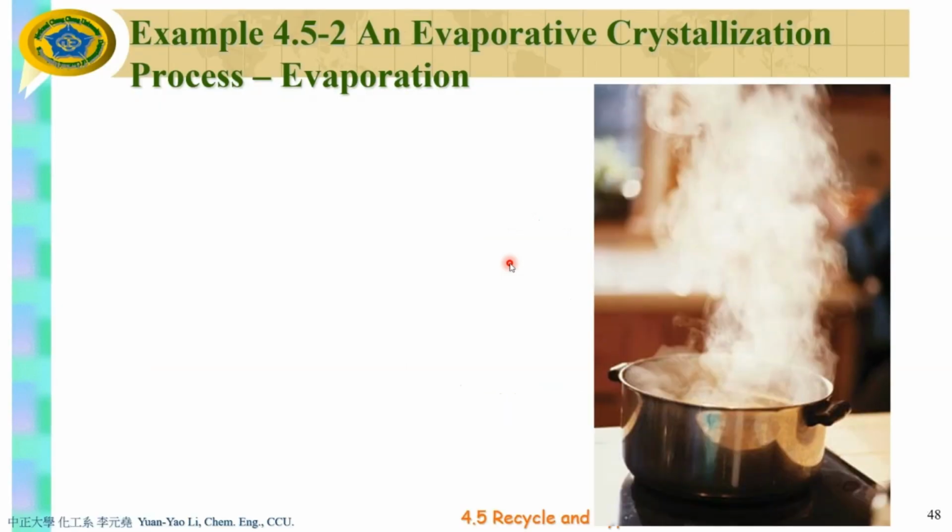Right. So evaporation looks like this. If you have a pot of water and you heat up the water, you can see the steam come out. But actually, the temperature hasn't reached 100 Celsius, and the water already comes out. Eventually, the water will reduce gradually. Even though the temperature is only 60 or 70 Celsius, the water keeps on coming out. This is what we call evaporation.